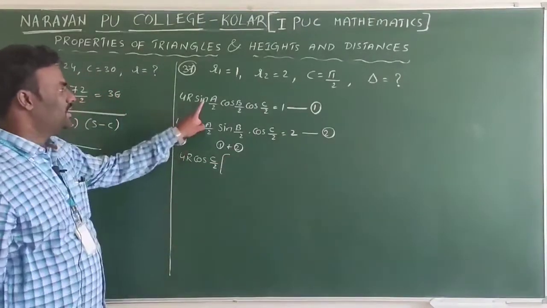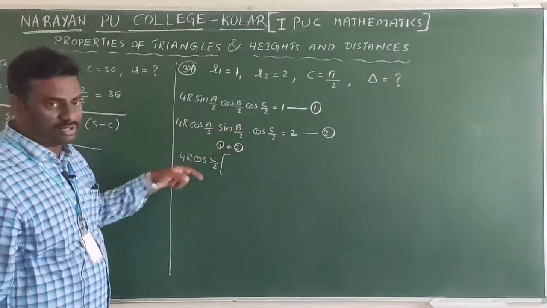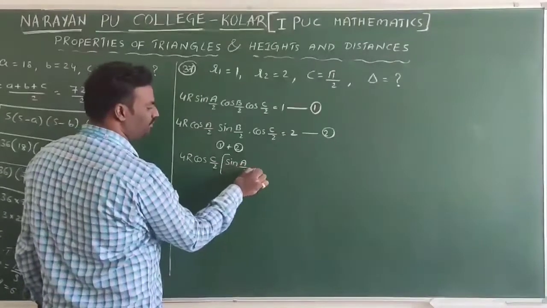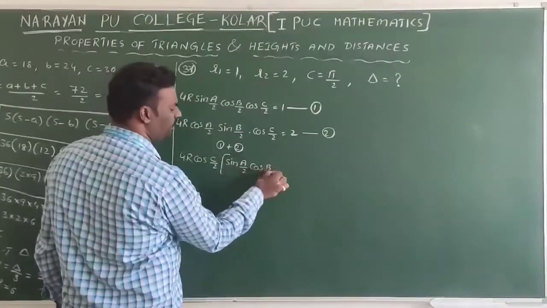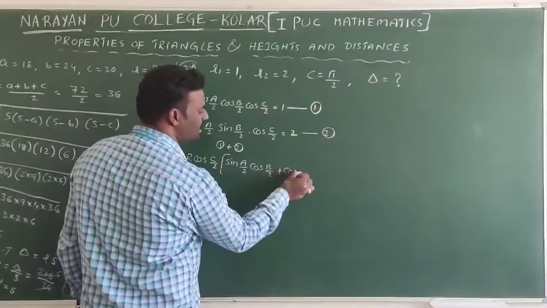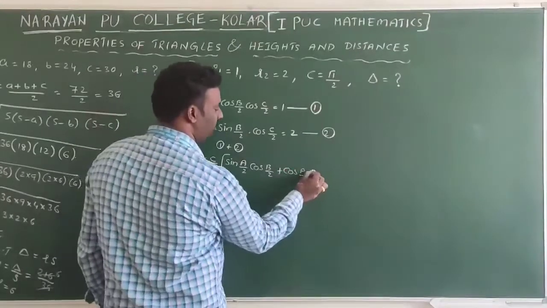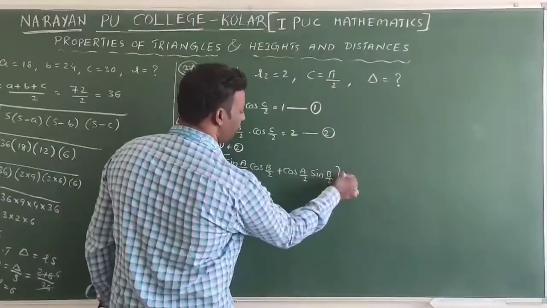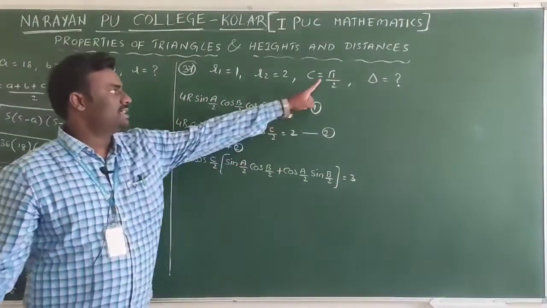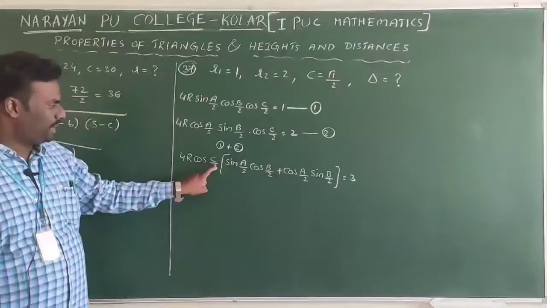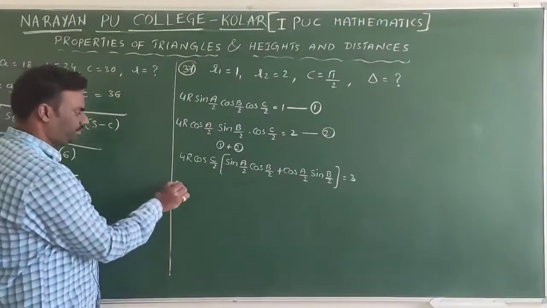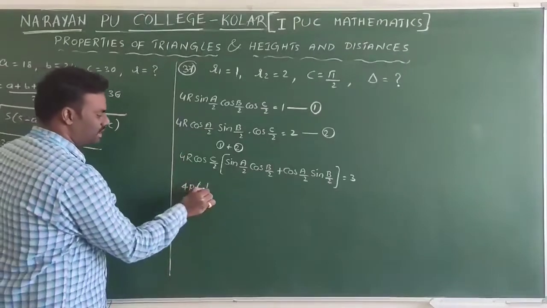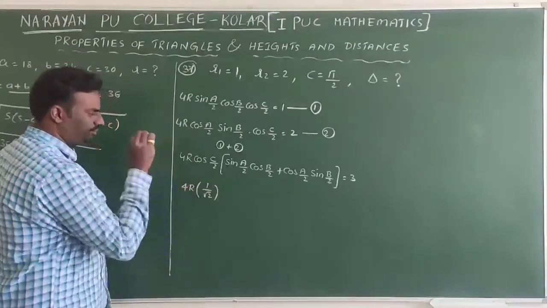Now what is remaining? Sin A by 2 cos B by 2 plus cos A by 2 sin B by 2 is equal to 3. But the C value is 90, 90 by 2 is 45. 4R into cos 45 can be written as 1 by root 2.